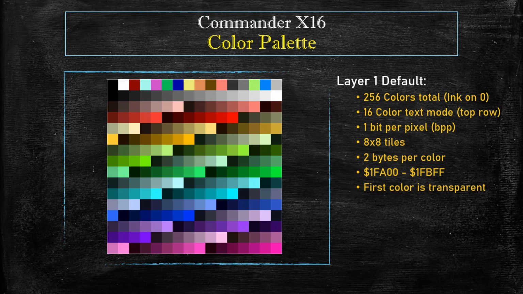So in this case, if we wanted to, let's say, reprogram the transparent color, then we would need to reprogram the value at address 1FA00 as well as 1FA01. And then finally, our note at the bottom here just says the first color is transparent, which as we can see here in the top left corner, is the first color or the transparent color. Whether we're using 16 color mode or 256 color mode, the first color is always going to be the transparent color, which, as we mentioned earlier, can be reprogrammed.